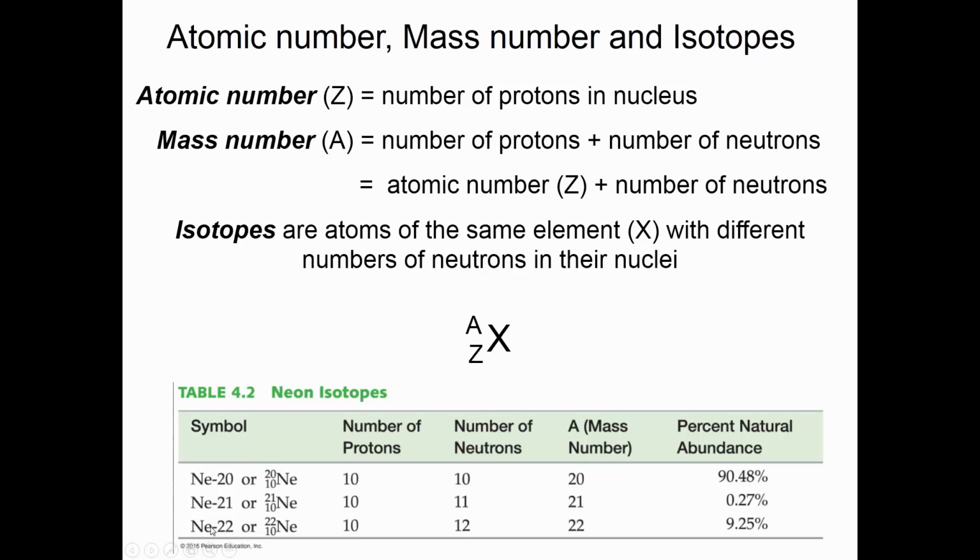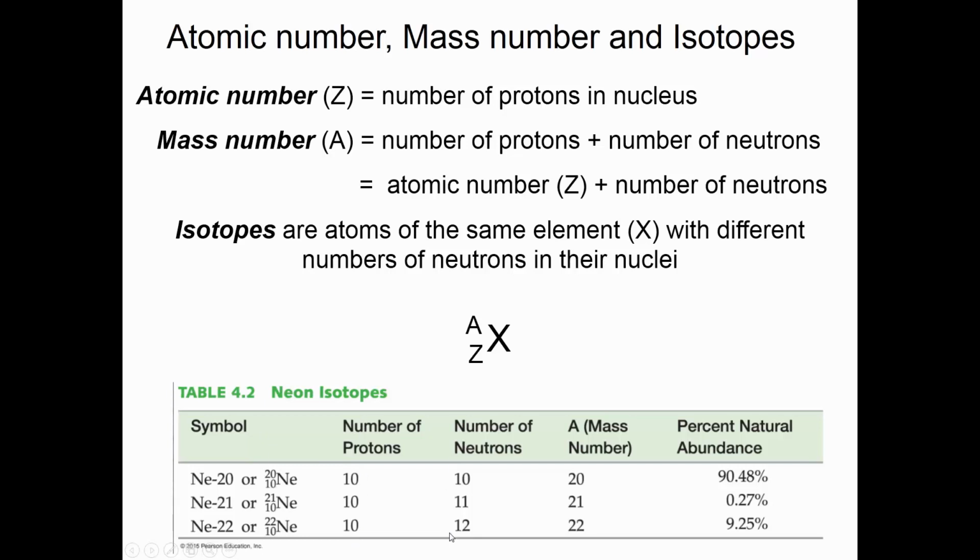In this table on the bottom, we're showing some examples of that, again, for neon. So there's actually two ways we can show the symbol. What we're showing here, where we have mass number on top, atomic number on the bottom, it would be one way. Or we can just show the symbol of the element followed by the mass number. We're not including the atomic number in this particular type of symbol because we can always look it up on the periodic table if we need to. The number of protons is the same as the atomic number.